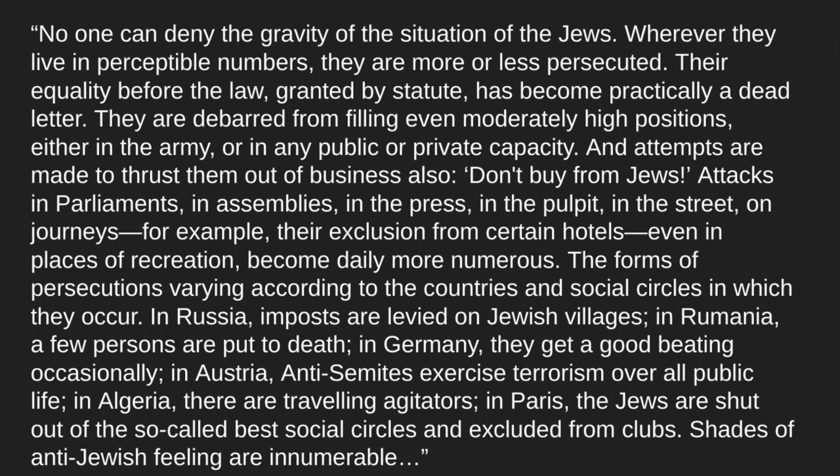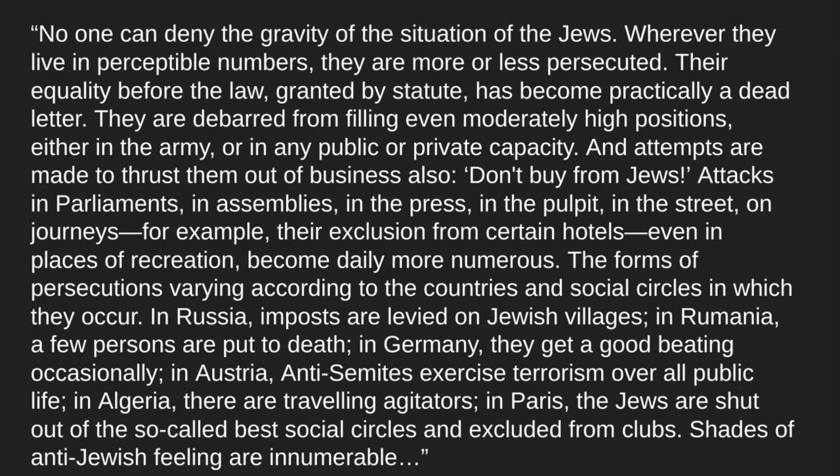And so he's aware of what happens to Jews in positions of power in Europe, as what happened with Dreyfus. "And attempts are made to thrust them out of business also. 'Don't buy from Jews.' Attacks in parliaments and assemblies, in the press, in the pulpit, in the streets, on journeys, for example, their exclusion from certain hotels, even in places of recreation, become daily more numerous."